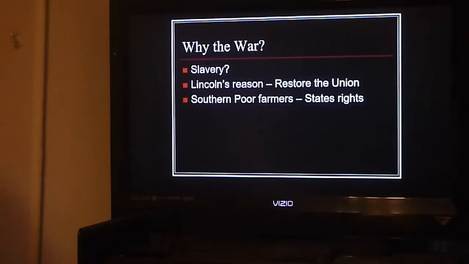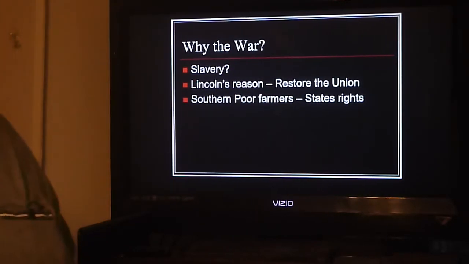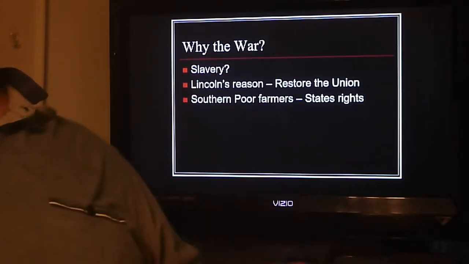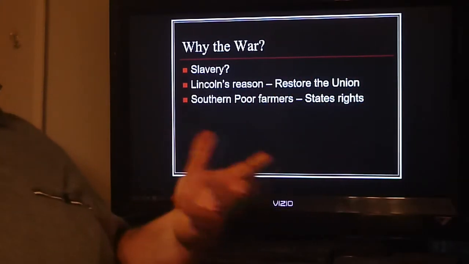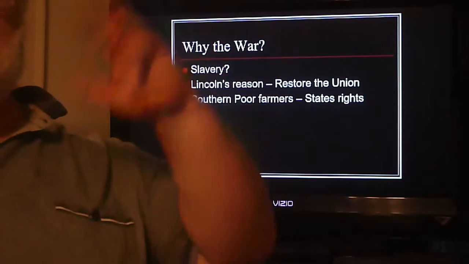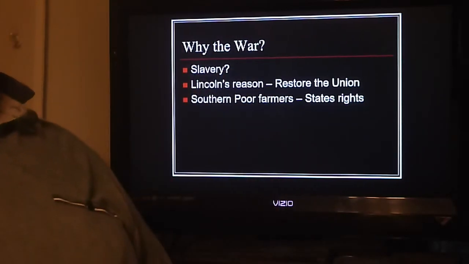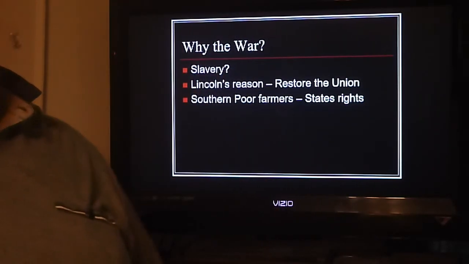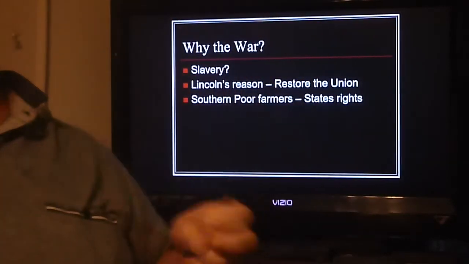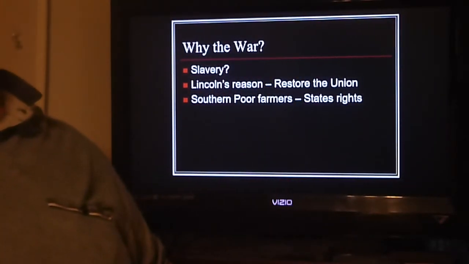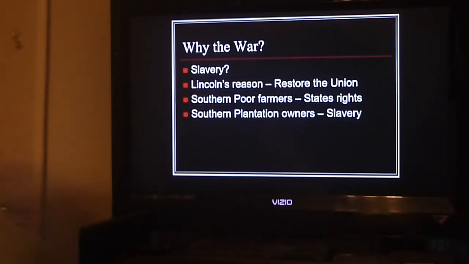The Southerners, especially the poor farmers who don't own slaves, are fighting for a states' rights kind of idea. Our rights as Alabamians are being oppressed, and we want our civil rights. And so they are fighting for this notion of states' rights.